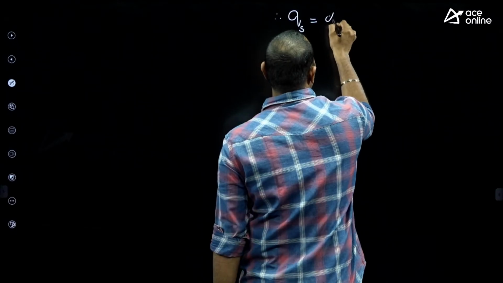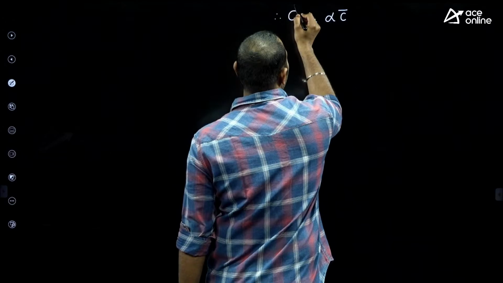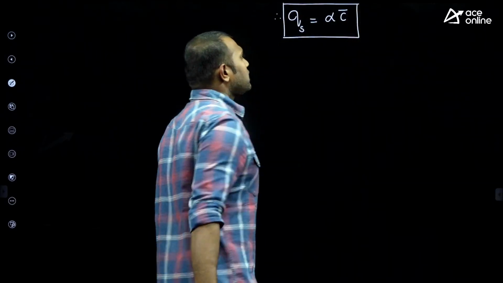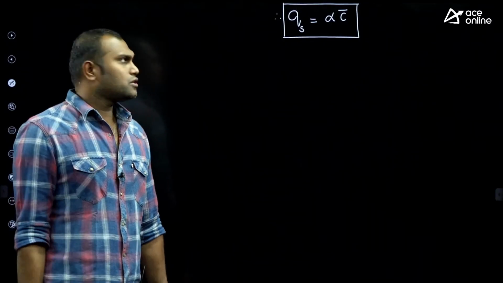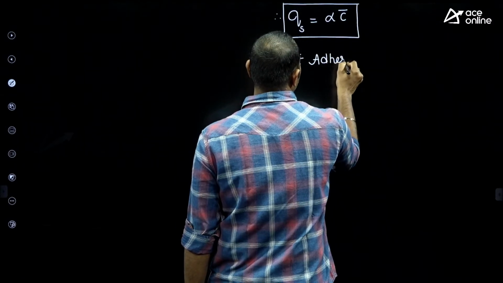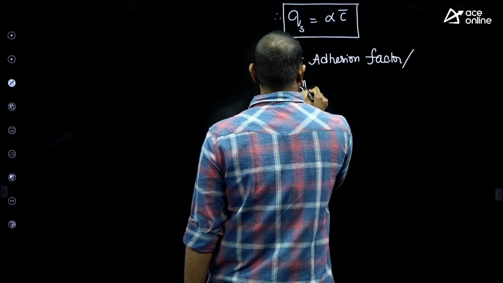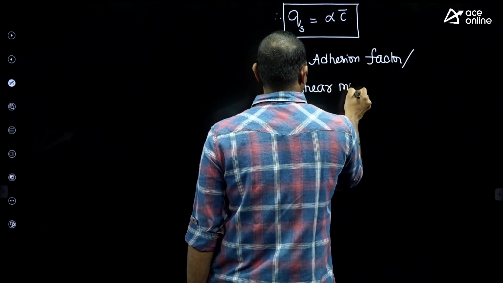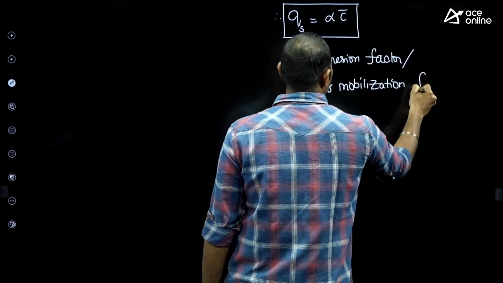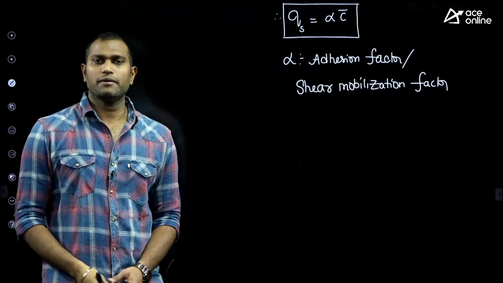Alpha into C bar. Alpha into C bar. So, if you observe over here, again, in the case of the alpha, where alpha is known as adhesion factor or shear mobilization factor, that again depends upon type of the clay, whether it is a stiff clay or soft clay.